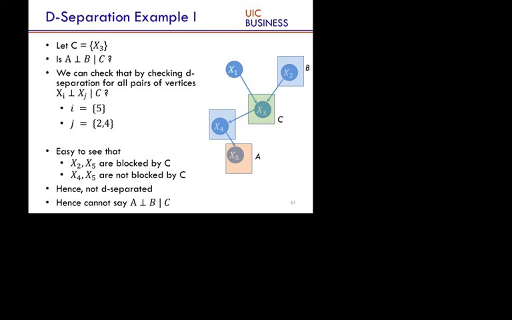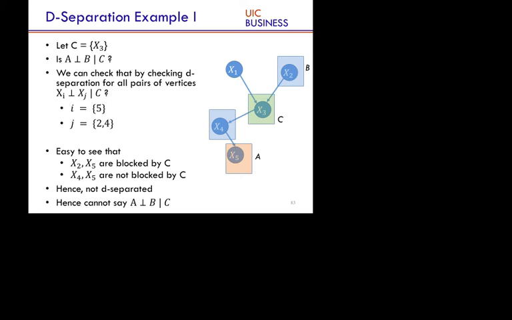Now, the question is: is A conditionally independent of B given C? That's the question we want to answer, and we can check that by checking the d-separation of all pairs of vertices xi in A and B. So in A there is only one vertex, 5, and in B there are 2 and 4, right?